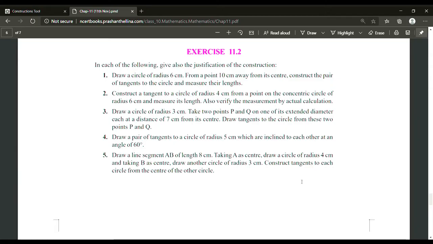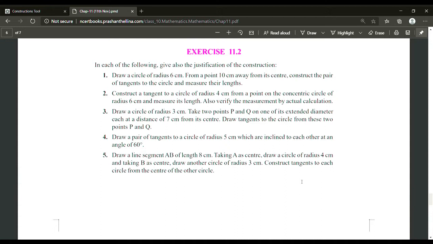Further, you have to take 2 points P and Q on one of its extended diameter, each at a distance of 7 centimeters from its center. So P and Q will be on the same straight line, and the distance of each of these points from the center will be 7 centimeters.